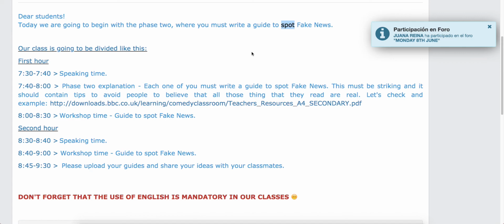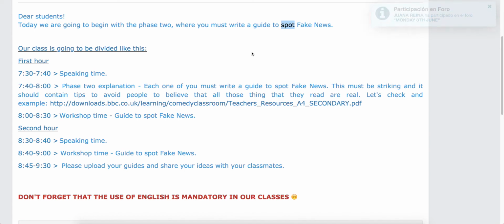The idea is that you need to give those tips in order to avoid people believing in fake news, to prevent them, yeah? How are you going to do it? You are going to take into account, do you remember that at some point in our classes we watched a video where they were talking about how to spot fake news?